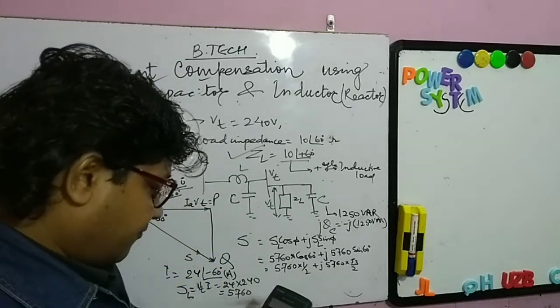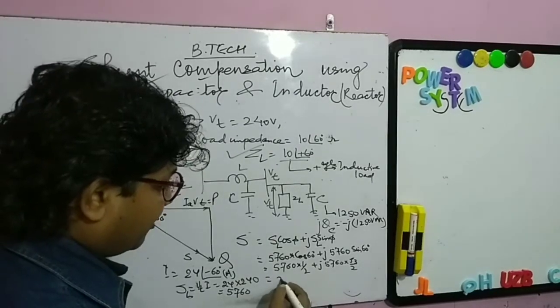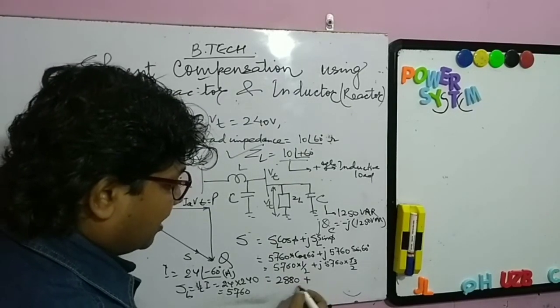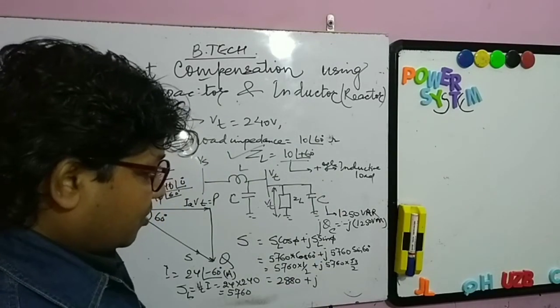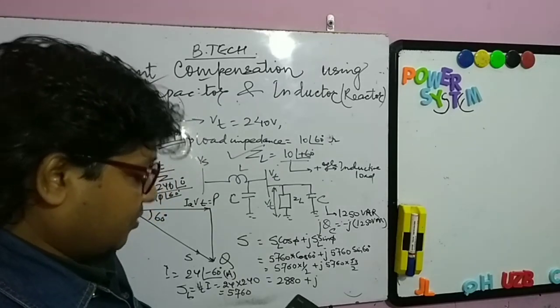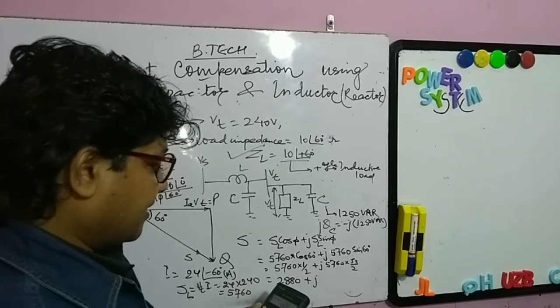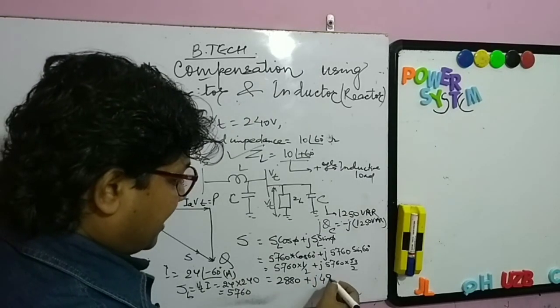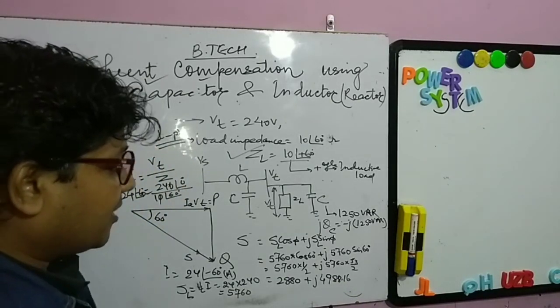So 5760 divided by 2 is coming out to be 2880, plus j 5760 root 3 by 2, so into 1.732, we are getting 4988.16.